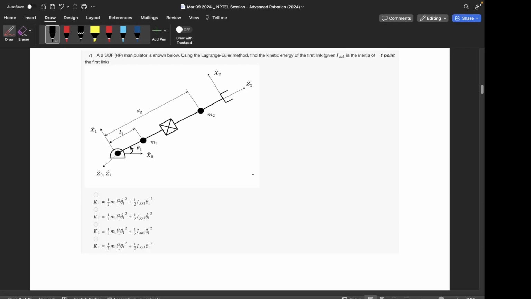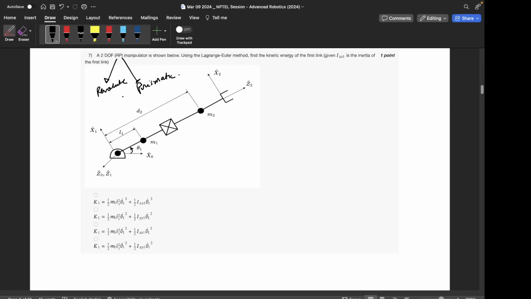Okay. So this question pertains to finding the kinetic energy of a link in this 2 degree of freedom manipulator, and note that it's not the usual 2R manipulator, but an RP manipulator, that is, a revolute prismatic manipulator, right? So this is revolute and this is prismatic.